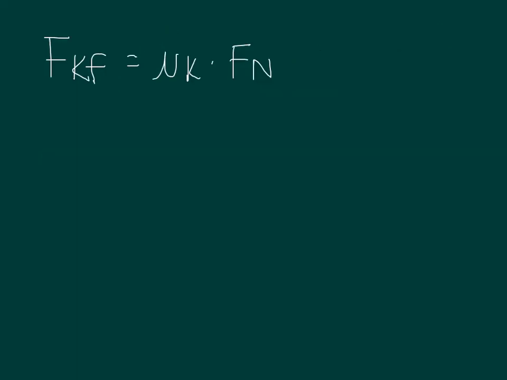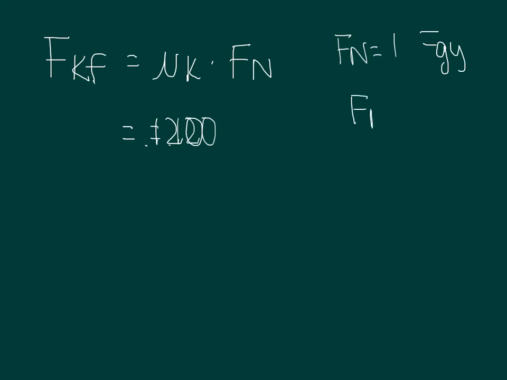Remember this equation? This is the next one we're going to find. So we need to know the force of kinetic friction. And to find that, we were given mu k, which was 0.120, but we don't know what the normal force is. But we actually do. The normal force is equal to the force of gravity in the y direction, which means that the normal force is equal to 488.5.